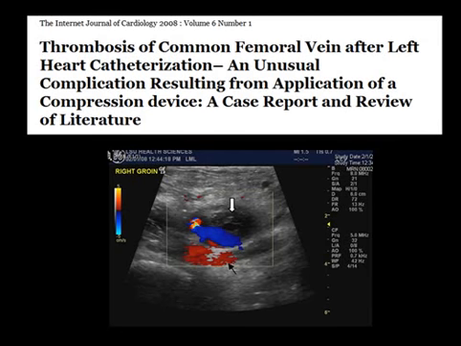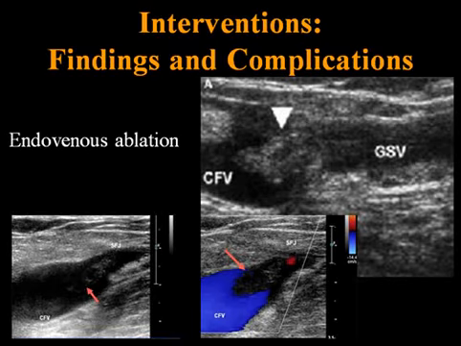I located this paper recently, titled Thrombosis of Common Femoral Vein After Left Heart Catheterization, an Unusual Complication Resulting from Application of a Compression Device, a case report and a review of the literature. In fact, this particular patient had a FemoStop used in lieu of manual compression, which resulted in significant partially obstructive deep vein thrombosis. You have to be careful not only to look at the arterial structures in the groin, but also take a quick peek at the venous structures as well.